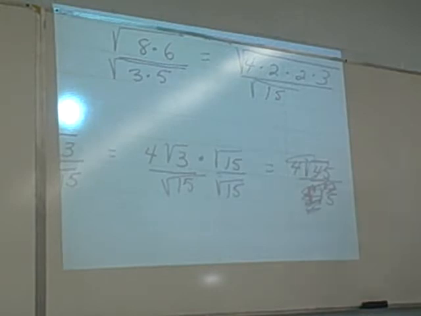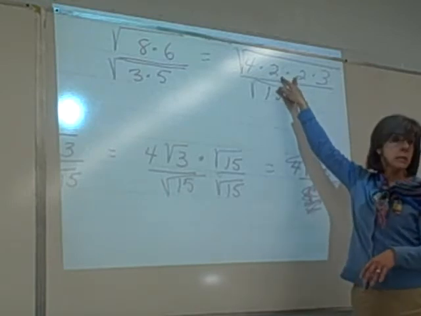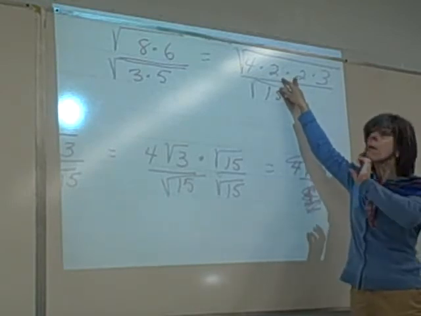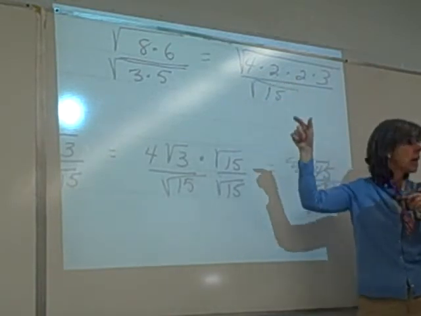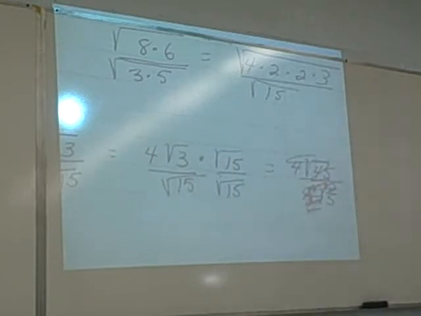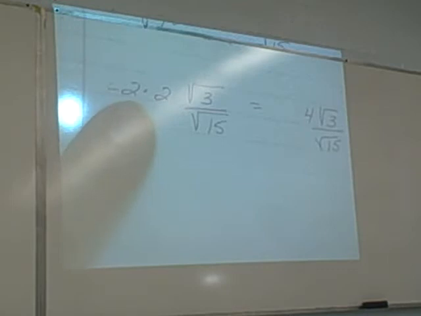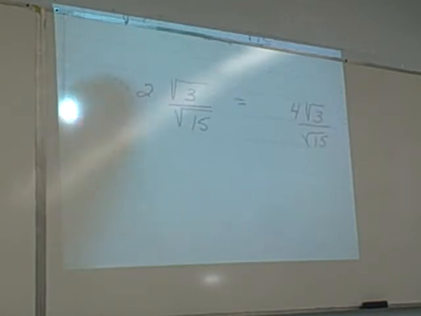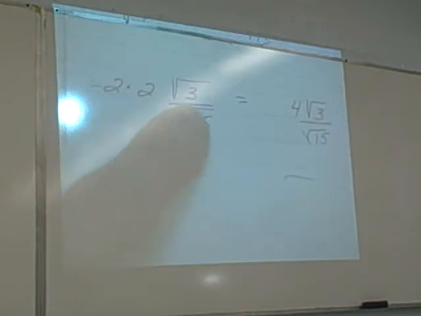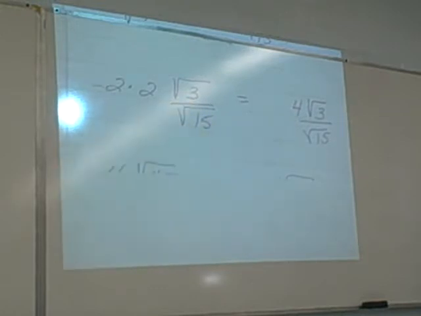And the square root of this is 2. So now, how many 2's am I going to have outside? 2. I just wanted you to make sure that you saw how I got those 2 2's. So I have the 2 and the 2. I have a 3 left under the radical, and then I still have that 15.